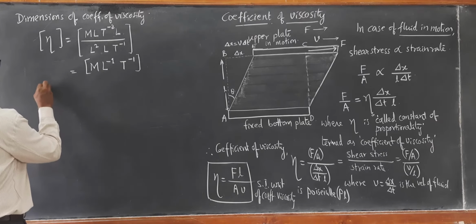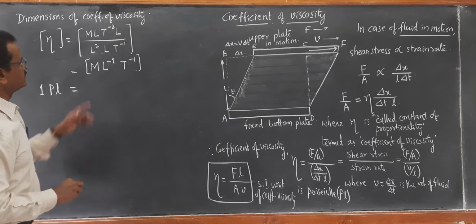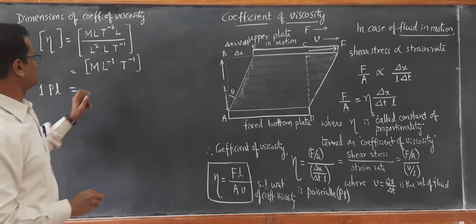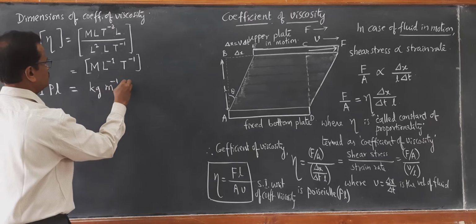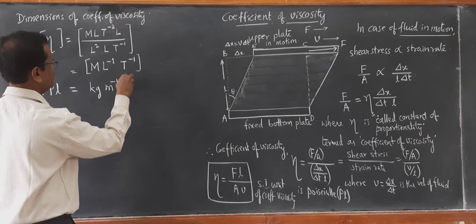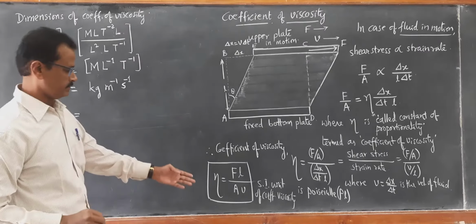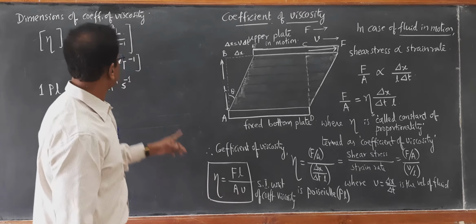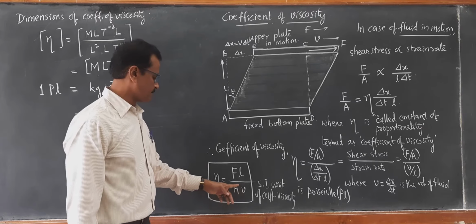And one Poiseuille is written in terms of mechanical units as kg per meter per second. So this can also be written in terms of Newton. You see, 1 meter cancels here.